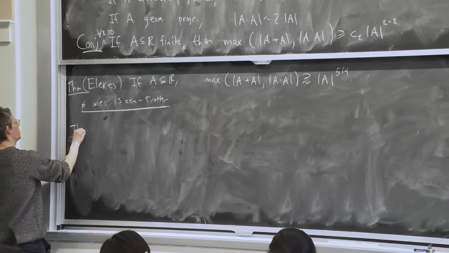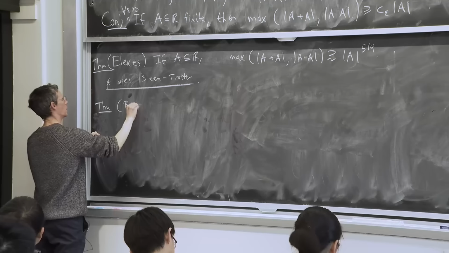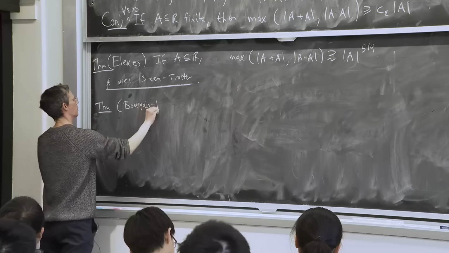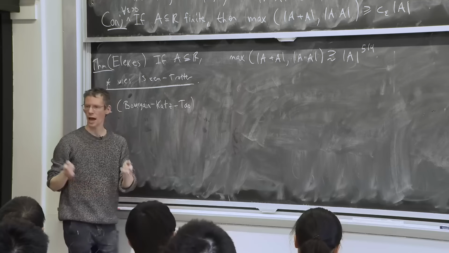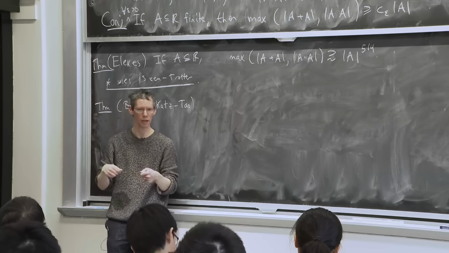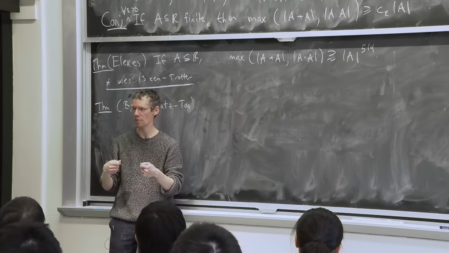There's a theorem of Bourgain, Katz, and Tao, which says that not only does a prime field not have any subfields, which we knew, but it doesn't have anything that's even close to being a subring.